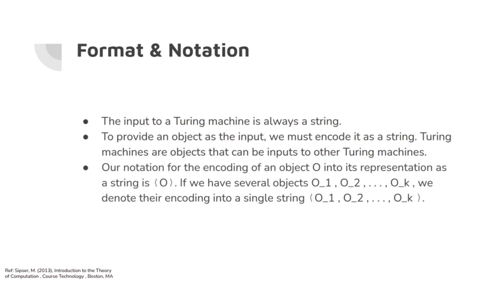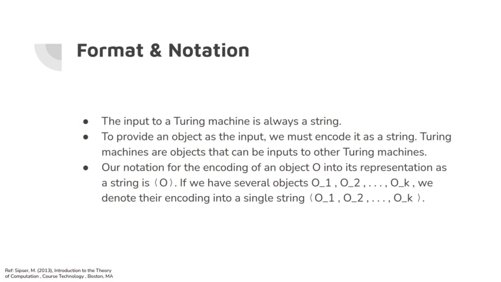So for our purposes, we will use the angled brackets. Our notation for the encoding of an object O into its representation as a string is ⟨O⟩, O between the angled brackets. Likewise, you can think of O as our Turing machine M, and we can encode it with those angled brackets to be the input of our universal Turing machine.